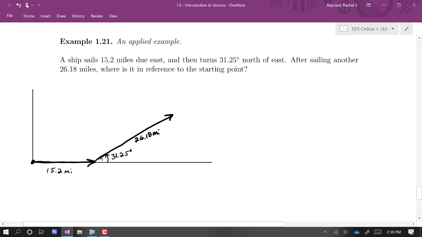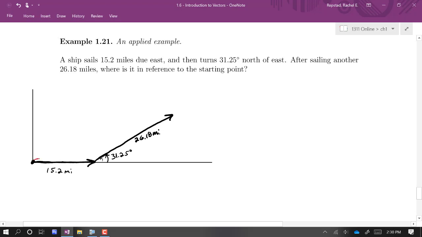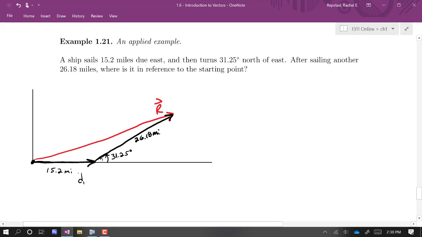And we want to know where it is in reference to the starting point. So what we want is this vector. I'm going to call this R. That's where it ended up. That's the resultant. And you can see the way we drew these, I drew one vector so that it started at the tip of the other vector. That's a tip to tail addition. Really, I'm adding two vectors. This first vector, 15.2 miles due east, I'll call D1 for the first displacement.